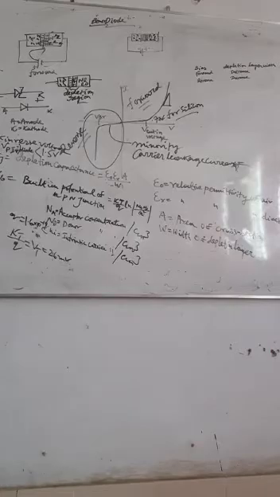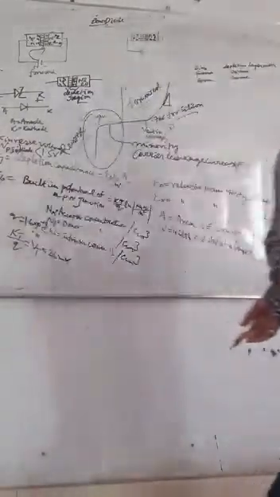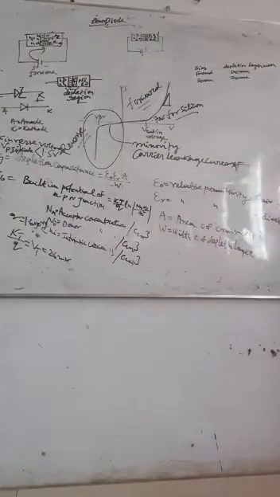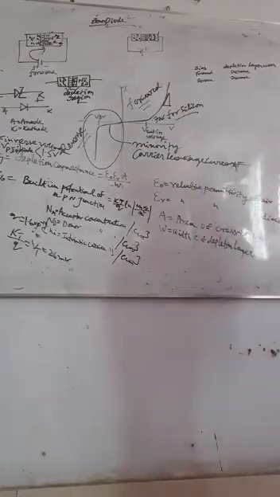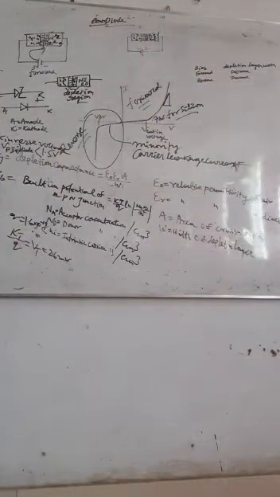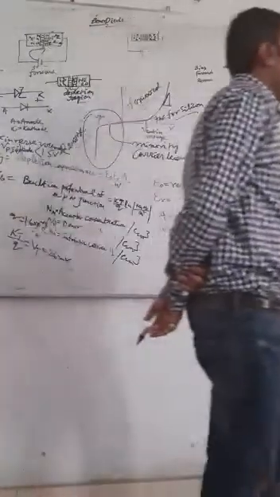Now the electron gains a sufficient amount of kinetic energy and it will move through the semiconductor.